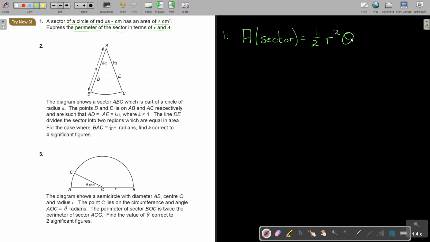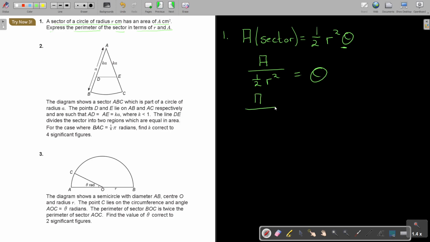Okay. So now, I want theta. So make that the subject of the formula. So it will be A over a half r squared. Okay, I can simplify. I prefer to simplify this better. Okay, I'm going to do it long, sorry.